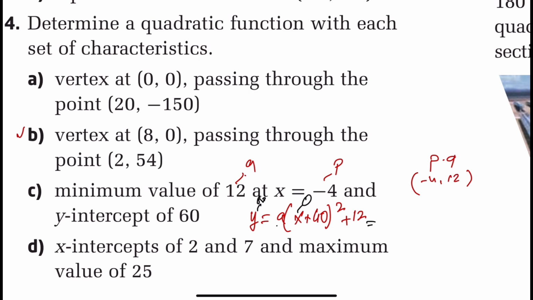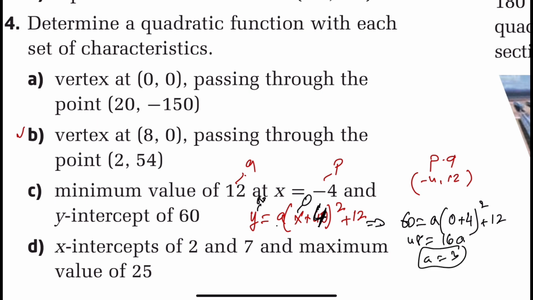And from there you will get 60 is equal to a times (0 + 4) squared plus 12, so it will give you 48 is equal to 16a, that means a is equal to 3. And from there you can write your final equation as y is equal to 3 times (x + 4) squared plus 12.